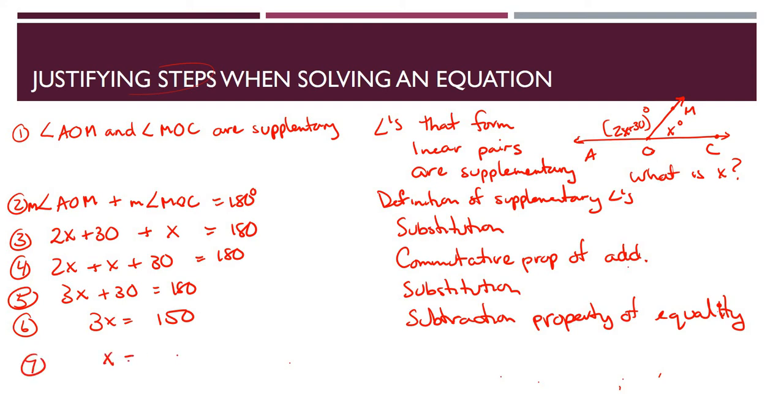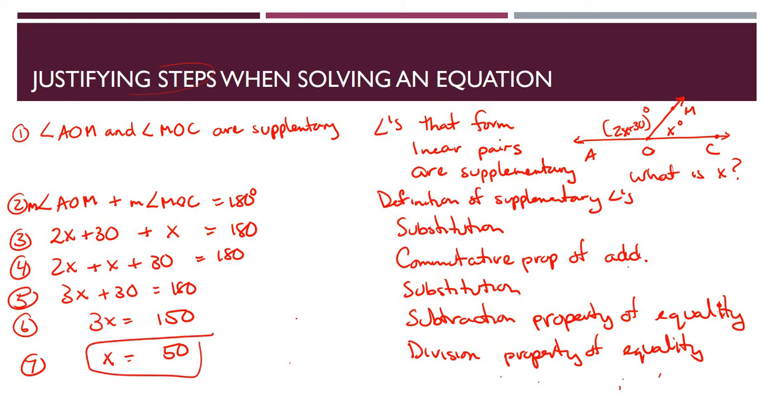And the last thing is that x equals 50. And that's the division property of equality. I can divide both sides by the same number, and I divided by 3. And so I've shown that x equals 50 by these steps and showing these particular reasons for my steps.